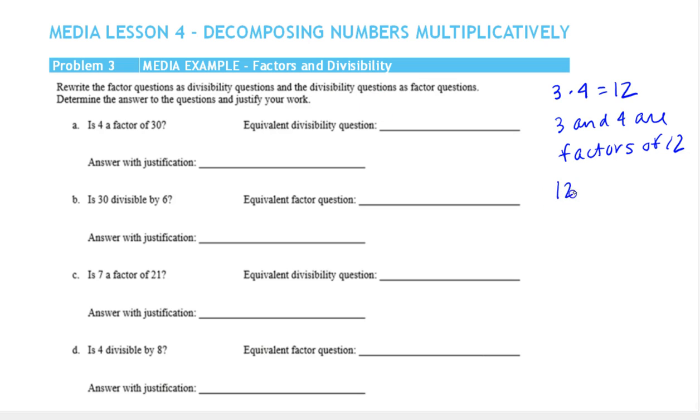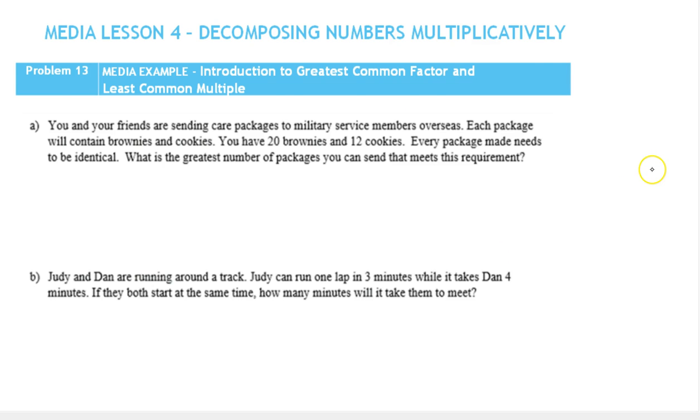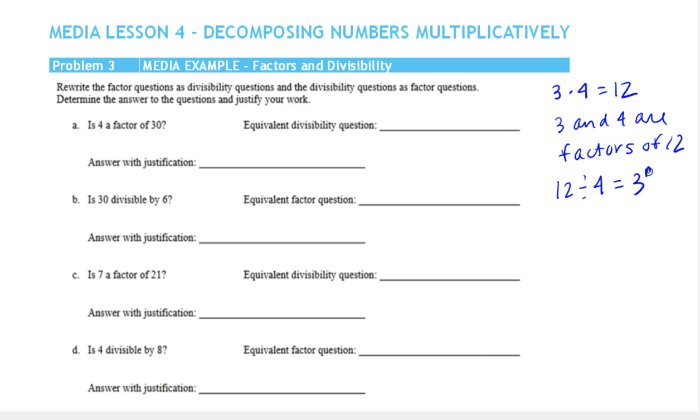Since 12 divided by 4 equals 3 without any remainder, and I'm going to write remainder 0, even though we never really write this, it's an important part of the divisibility. Since 12 divided by 4 equals 3 with no remainder, this means 12 is divisible by 4.